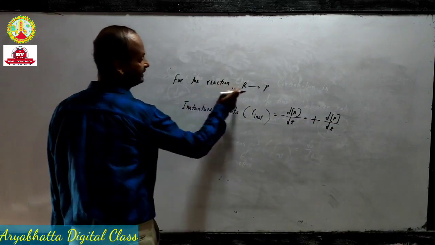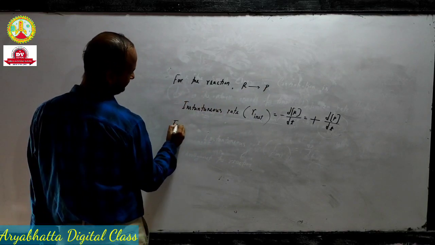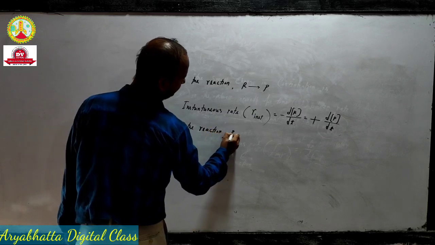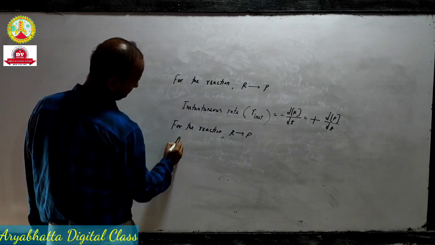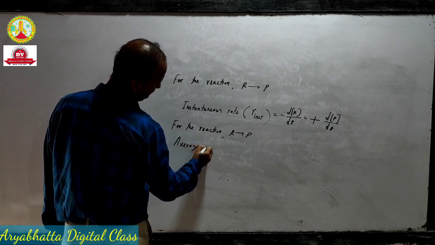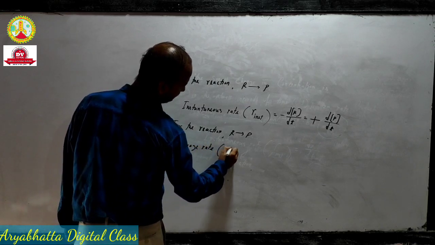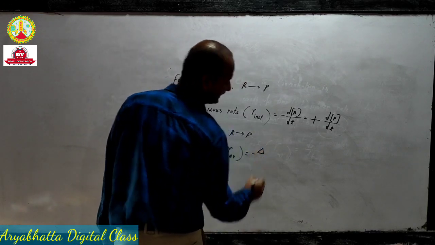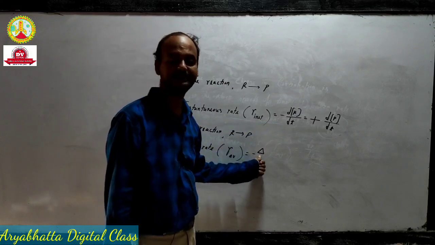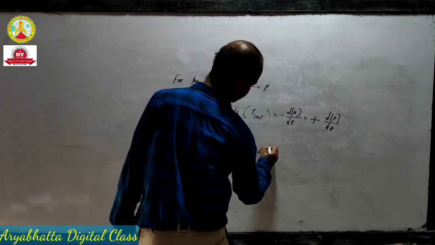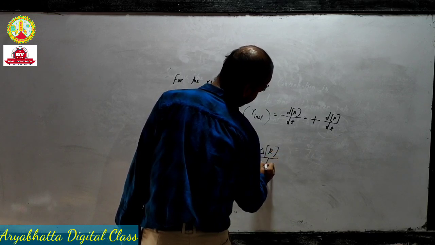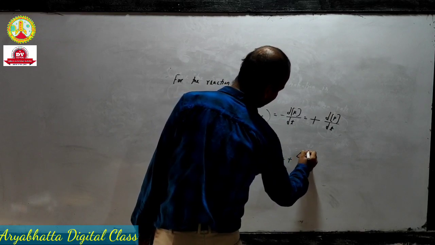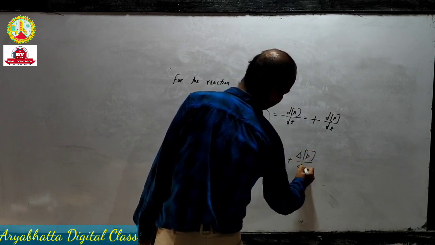For the reaction, what will its average rate be? I taught this in the last class, look. For this reaction, the average rate will be minus delta R divided by delta t equal to plus delta P divided by delta t.